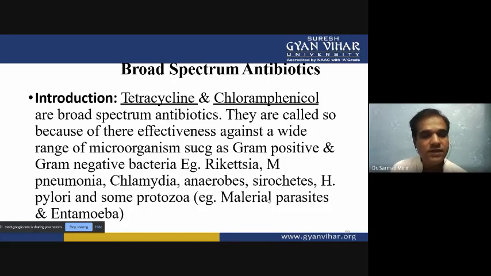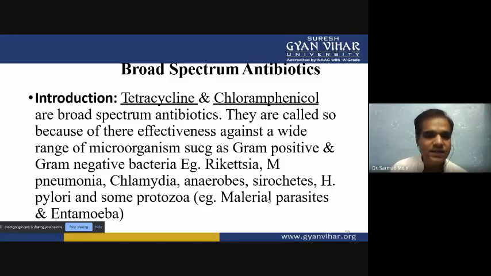Both gram positive and gram negative bacteria are sensitive to tetracycline and chloramphenicol, and they are not resistant. Only a few organisms are tetracycline resistant or chloramphenicol resistant, but most bacteria are sensitive to tetracycline and chloramphenicol.